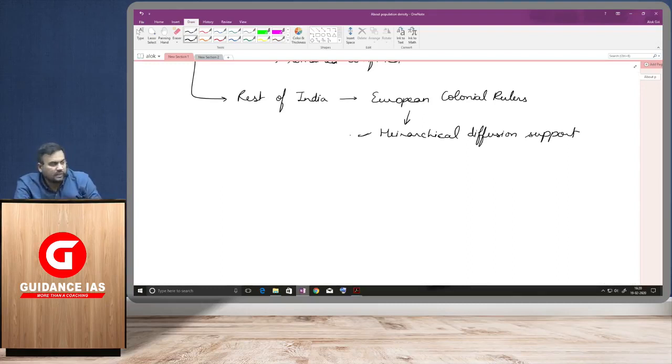They were simply outliers of Hinduism. So the missionary diffusion of Christianity, with the support of hierarchical diffusion, occurred in these tribal belts of India.